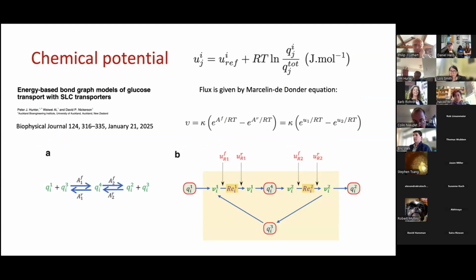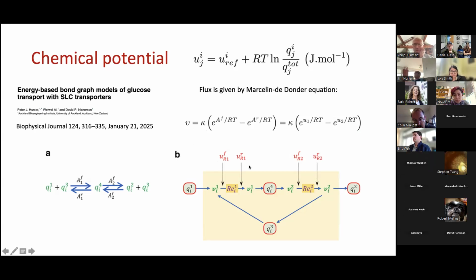And the flux through a reaction can be determined by looking at essentially the difference in the potential moving the reaction in the forward direction minus the potential pushing it backwards in the reverse direction.